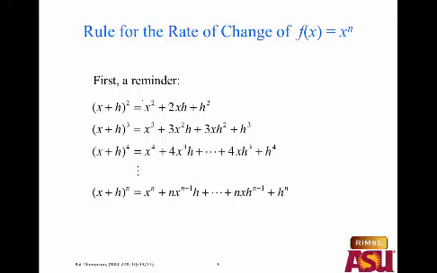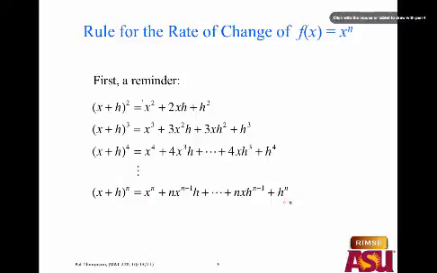So that's the same pattern you have for generically any power n. You start at x to the n, and then as you march down from term to term, the power of x goes down by 1, and the power of h goes up by 1, until you get to the end where you have no more x, and then you have h to the n as the last term.